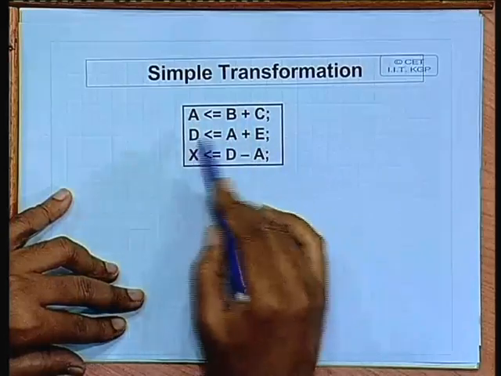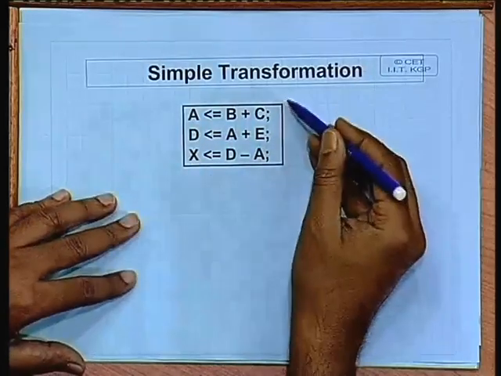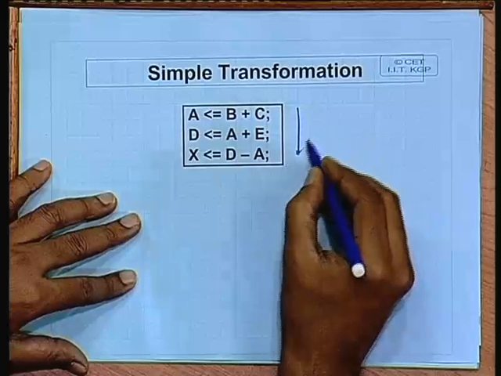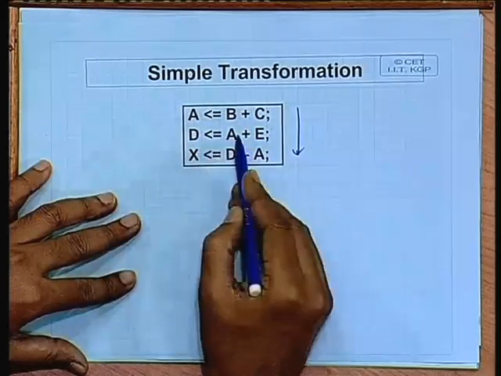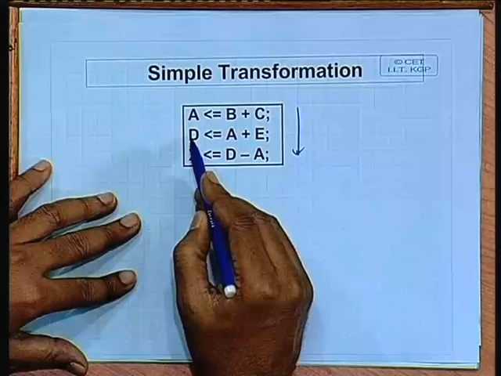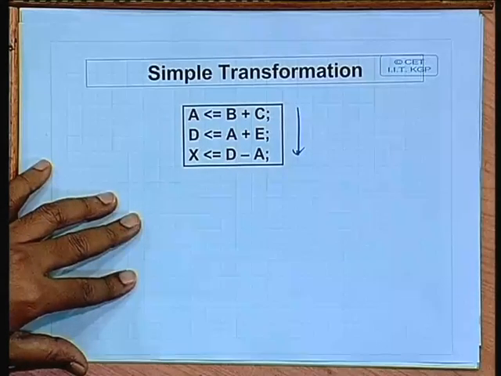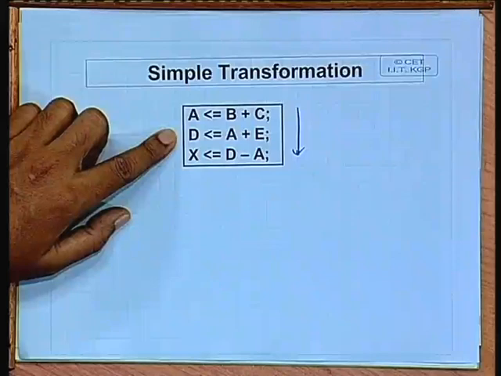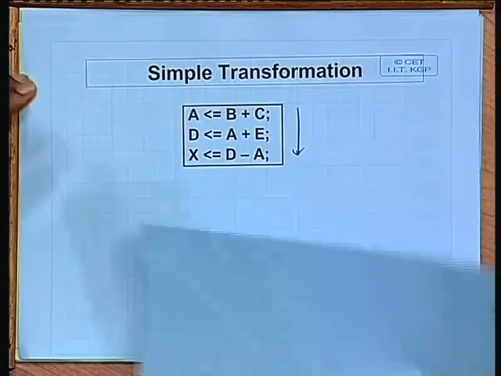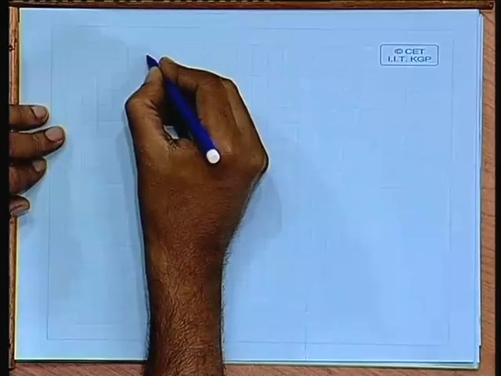A plus C is assigned to D, and D minus A to X. This is in sequence. So, the value of A which is computed here is used here, and D computed here will be used here. Now let us see how this can be mapped into a data flow description. First, I am trying to draw the data flow description.